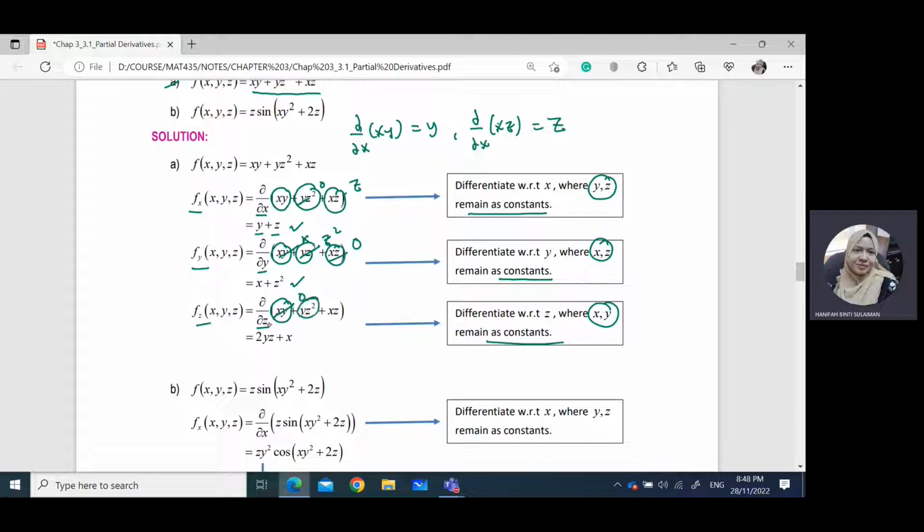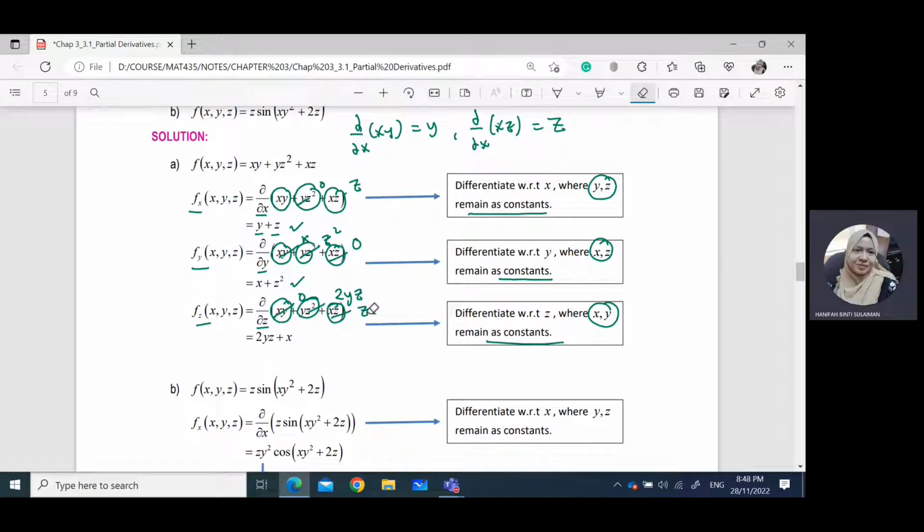And the second term, we differentiate with respect to z on yz squared. So this one we have 2yz. And the last one, we differentiate with respect to z on xz. We have x. Sorry, we have x. Therefore, the answer here is 2yz plus x. Okay, so this is the answer.